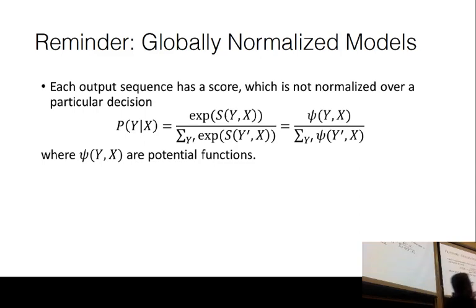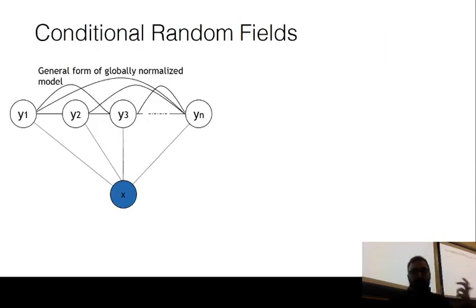We'll refer to these functions as potential functions. So conditional random fields make an independence assumption that's between global and completely independent. A globally normalized model would have the observed inputs x and all the outputs y, where they're all dependent on each other, and hence that's why it's a globally normalized model.